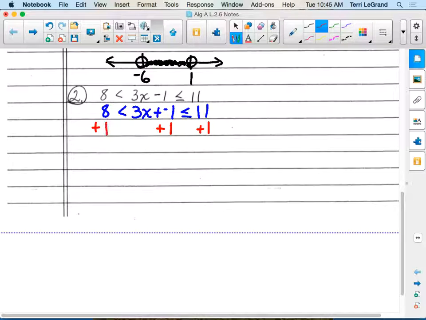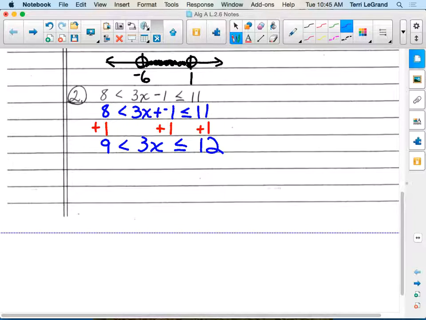To all 3 regions. We don't have sides anymore. We kind of got regions. So to all 3 regions, we're going to add 1. In the first region, what do we have? 9 is less than. What do we have in the second region? 3x. What do we have in the third region? 12. And notice our symbols didn't change at all, did they?